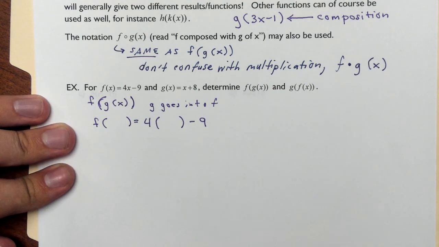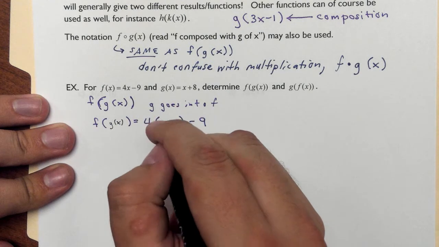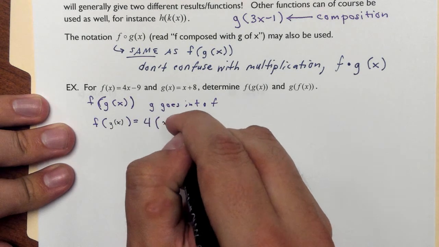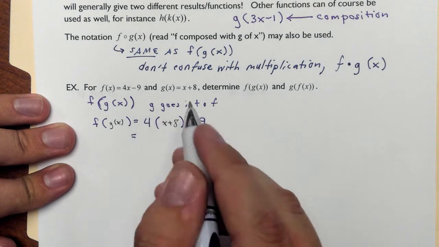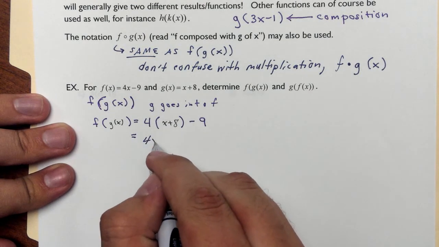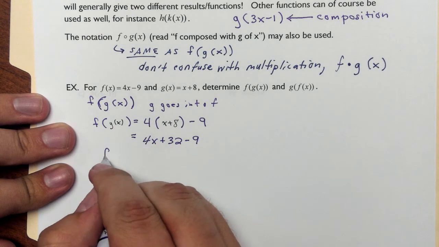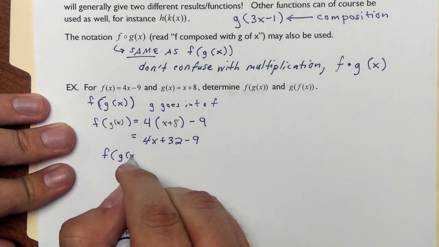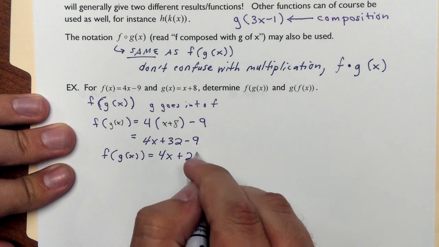I'm going to use this rule for g. g of x, which is x plus 8. And then I just go about simplifying this the way I normally would. 4x plus 32 minus 9. And that tells me that the new function f of g of x is 4x plus 23.